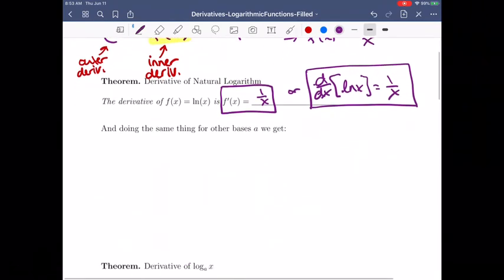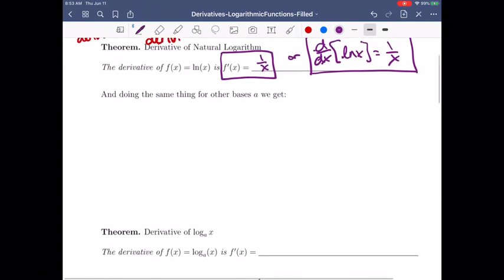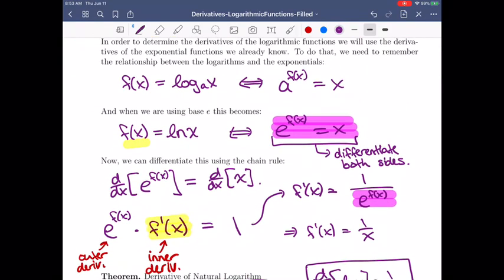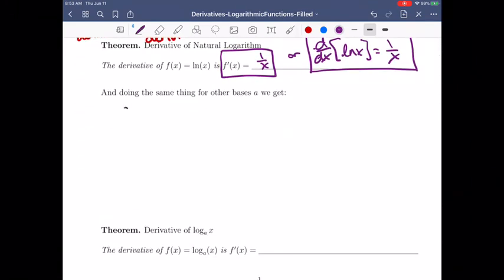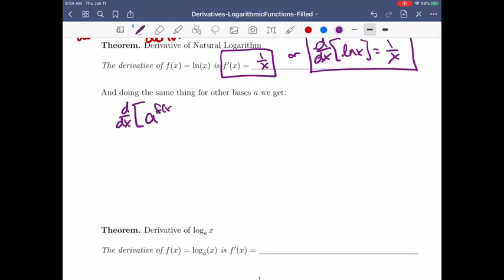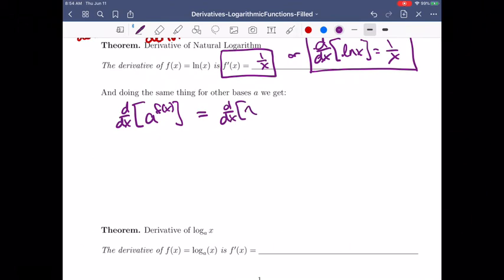Now we can do the same thing for other bases. So we want to differentiate both sides of this equation. We're going to have d by dx of a to the f of x equals d by dx of x. Now the derivative for a to the x is just a little more complicated.